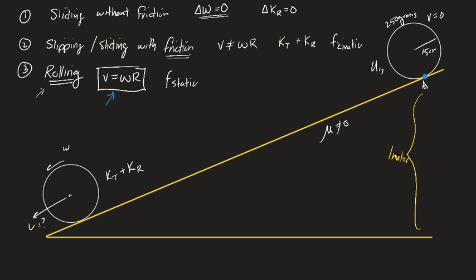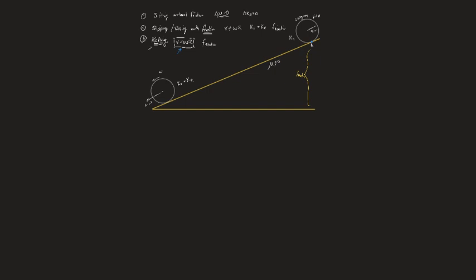But there are two kinetic energies now, rotational and translational. So mgh at the top is going to equal 1/2 mv squared plus 1/2 I omega squared at the bottom.